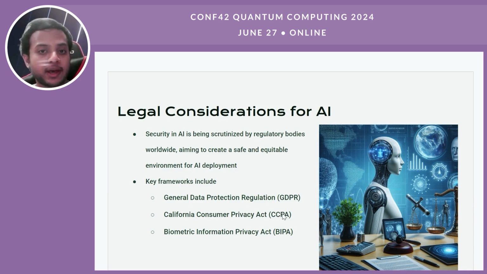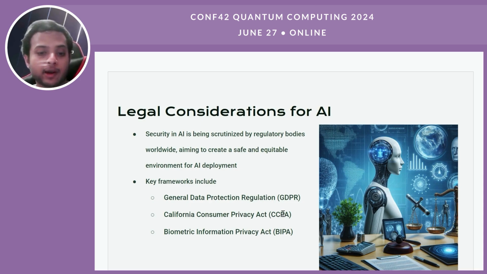As AI technologies become more integral to business operations and daily life, they also encounter a complex web of legal challenges. These involve compliance with existing laws and regulations and development of new laws to address emerging issues.